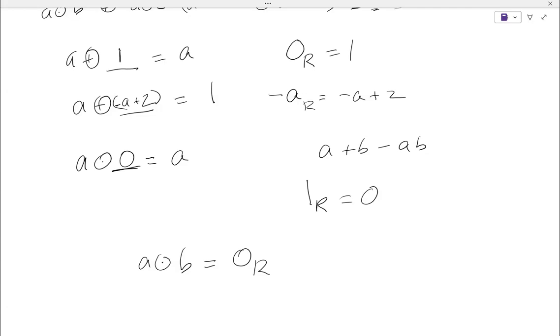Are there zero divisors? We defined A times B as A plus B minus AB. What is the additive identity in this ring? 1. Yeah, 0 equals 1 in this case, right? Sounds really weird.